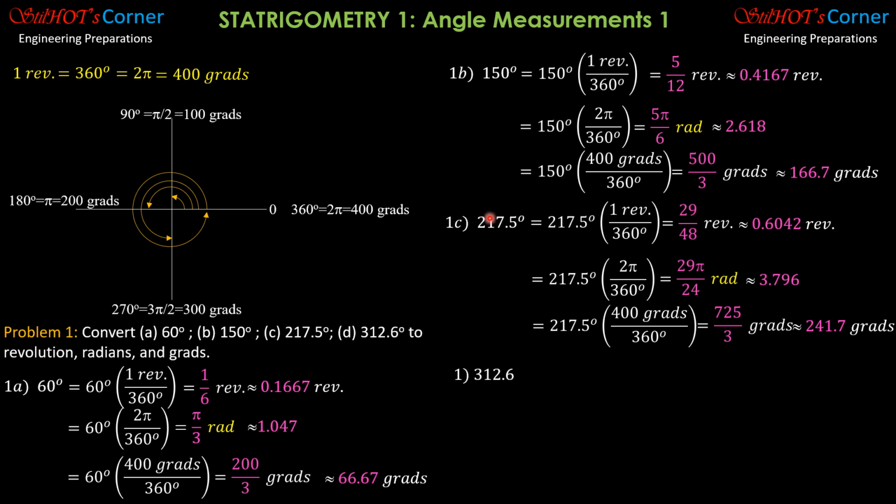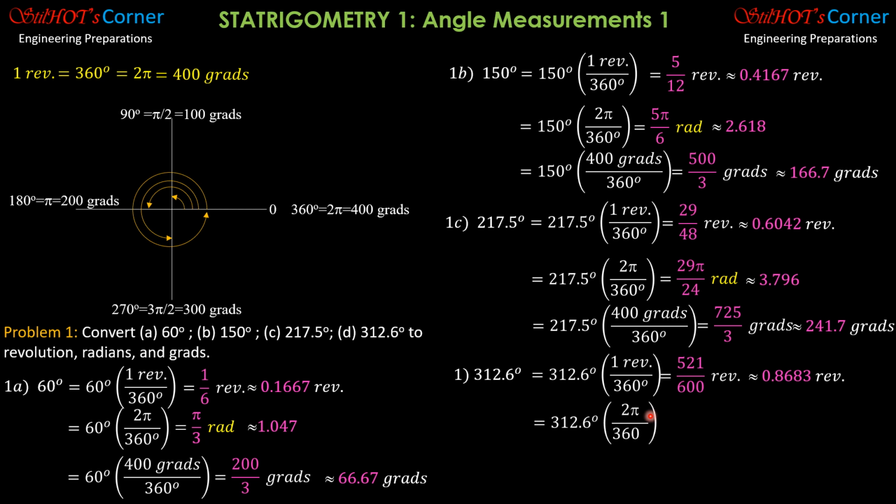And finally, 1D, we have 312.6 degrees. So 312.6 degrees times 1 revolution per 360 degrees. In fraction, it is equal to 521 over 600 of a revolution. In decimal, that's 0.8683 revolution. Then 312.6 degrees times 2 pi over 360 degrees.